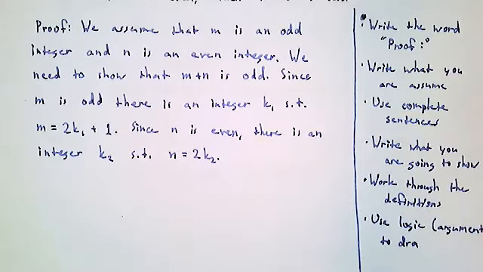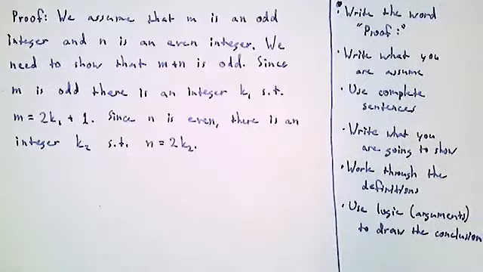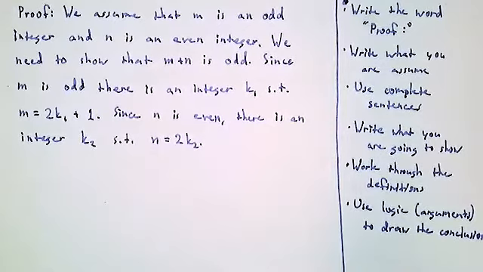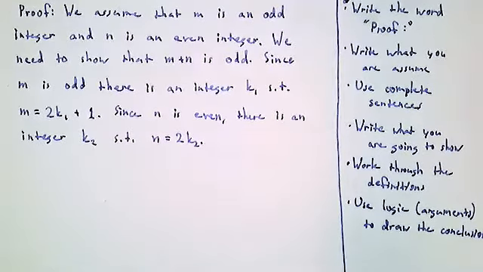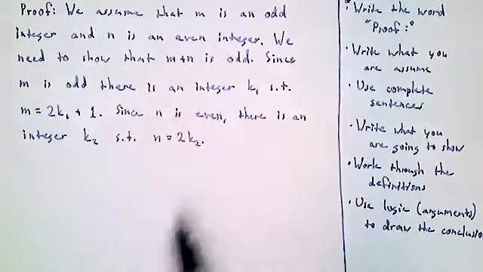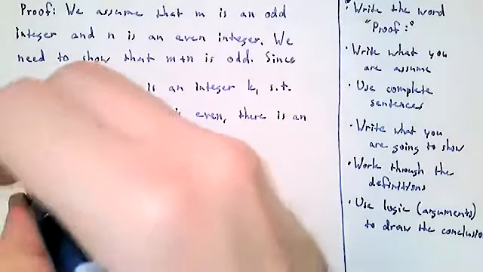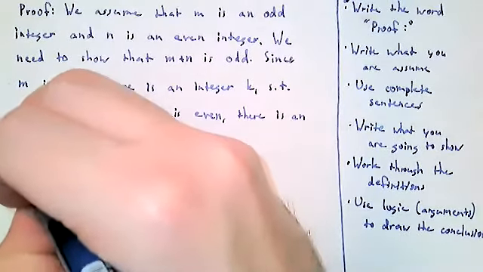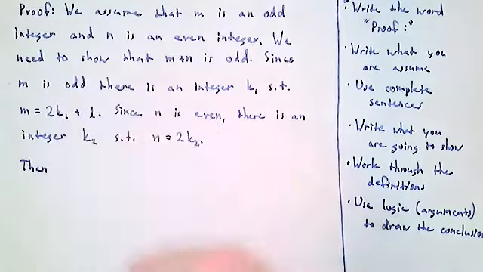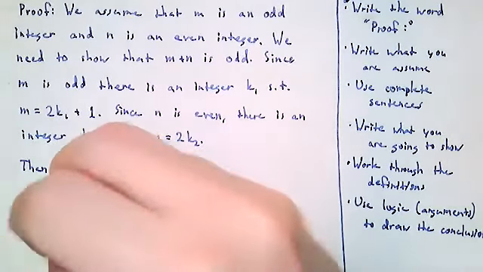So we actually have to show now that m plus n is really odd. Okay. So what we need to do is add our two numbers together. Since we're talking about m plus n, well, we have to actually add them.